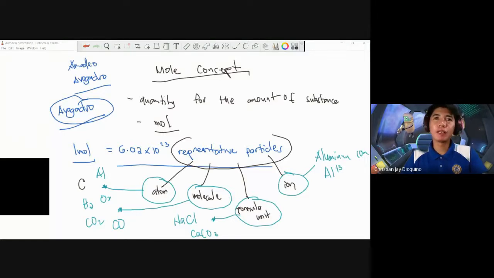Of course, magagamit natin yan kapag kumukuha tayo ng moles or kumukuha tayo ng representative particles. Kung ang given is mole, therefore, pwede nating kuhain yung representative particles. Kung ang given ay representative particles, therefore, kaya nating kuhain yung number of moles. Alright?